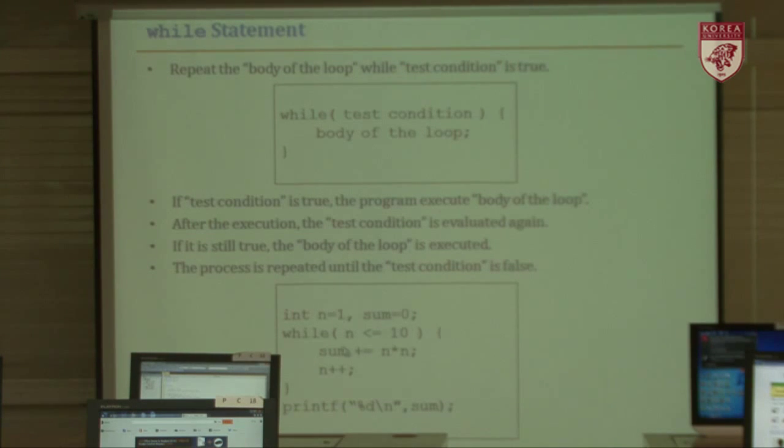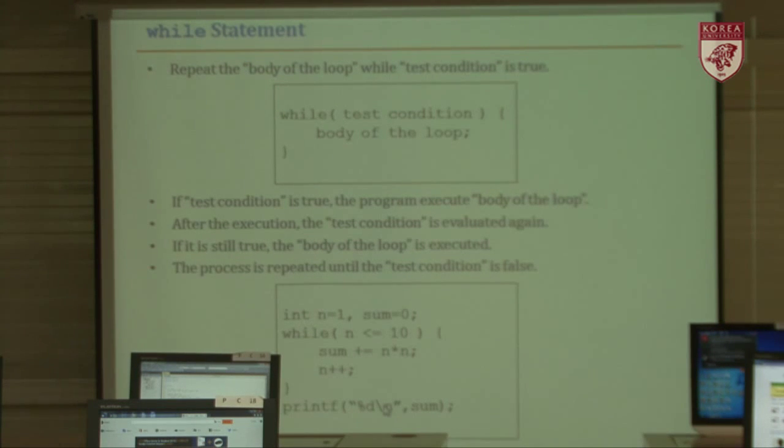So sum is also increased. Then n becomes 11. When n is 11, the condition is not true, so the loop ends. Then it goes out of the loop and prints out the sum.